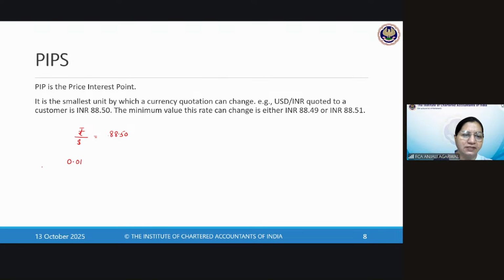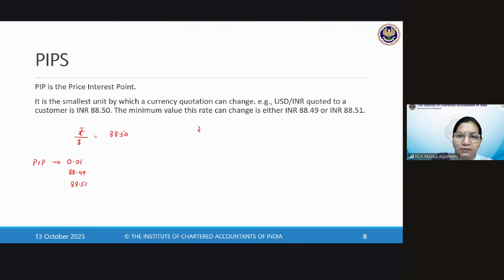This means that if you get a fluctuation of the exchange rate between rupee and dollar, you will get either 88.49 if the price of the dollar decreases, or 88.51. So this is the minimum fluctuation you will have in dollars, upward or downward, if there is a change in the exchange rate.